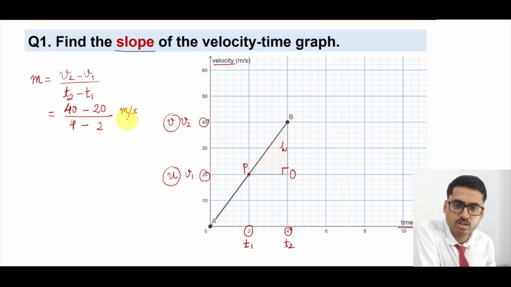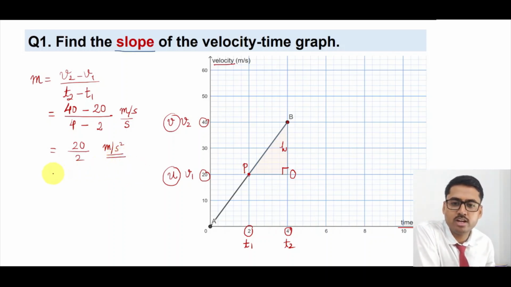Let's solve this further. 40 minus 20 is of course 20 and 4 minus 2 is 2, and meter per second over second becomes meter per second square. Children, you all know this is the unit of acceleration.